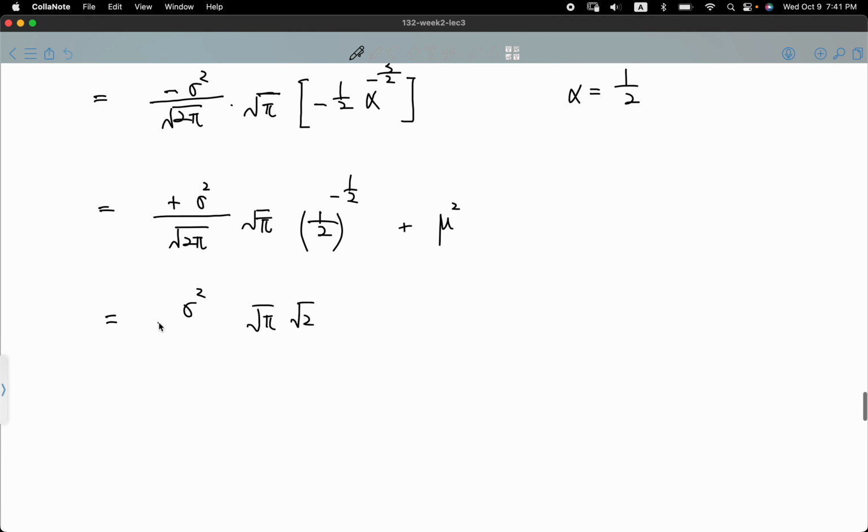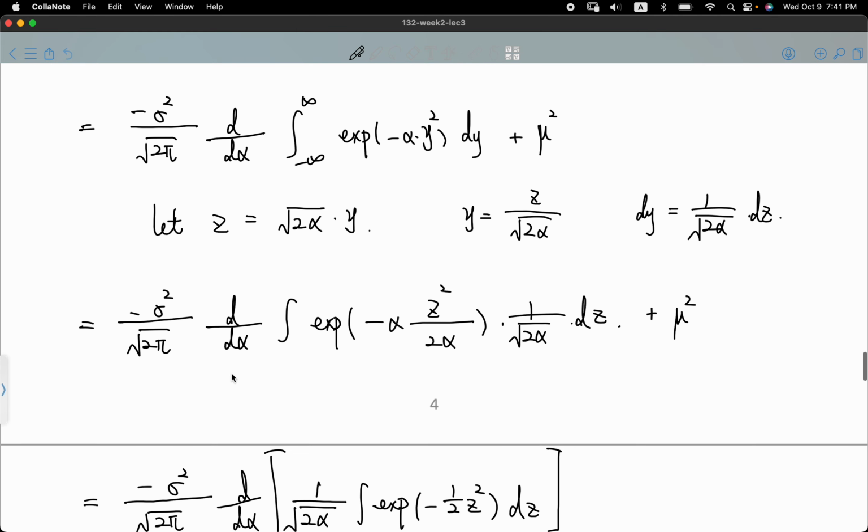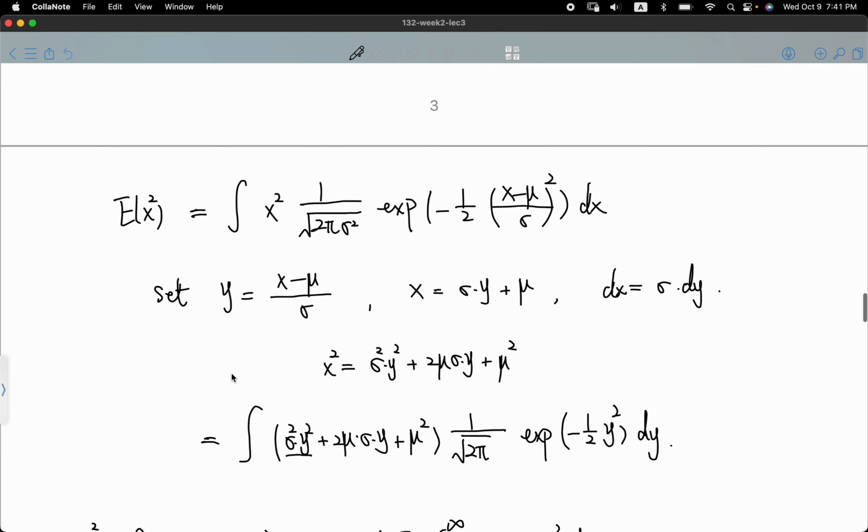You have sigma square plus mu square. And then you eventually have mu square plus sigma square. And then again, this is the second moment that we started with by the definition here.